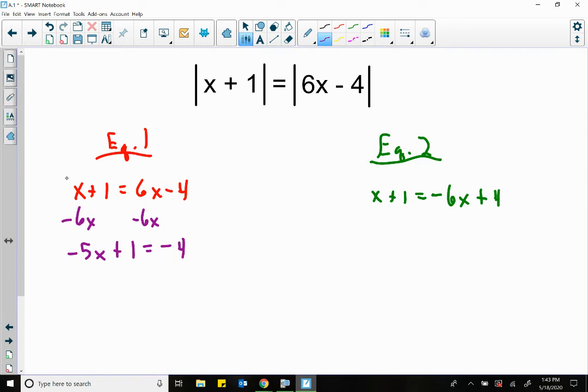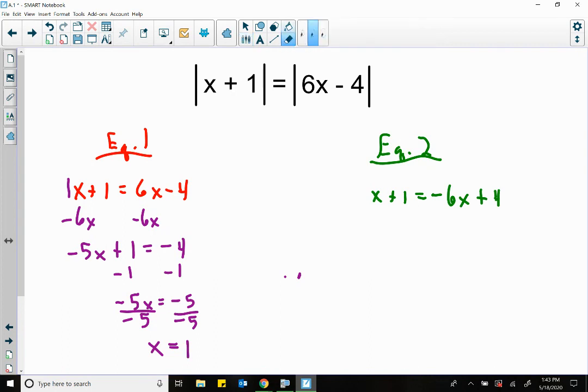Because there is an invisible 1 in front of this. 1 minus 6 is negative 5. So then we'll subtract 1. Negative 5x equals negative 5. Divide by negative 5. Divide by negative 5. X is equal to a positive 1. So there's one of your answers.